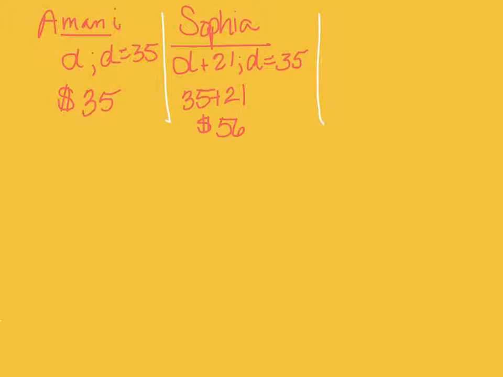Next we have Hunter. Hunter was the big spender at the math store, I imagine because he's been saving up because it's his favorite store too. The expression for Hunter's money spending was 2 times the quantity of D plus 21. I know that D is equal to 35.